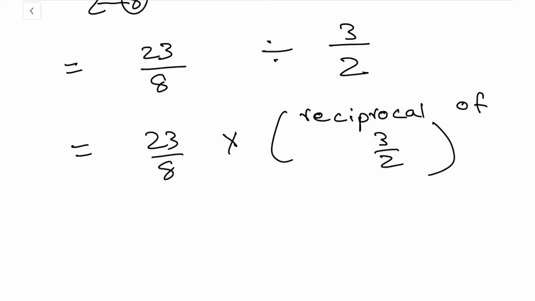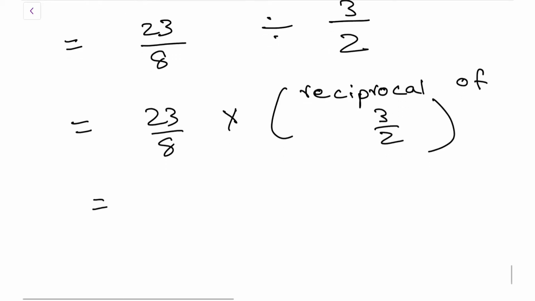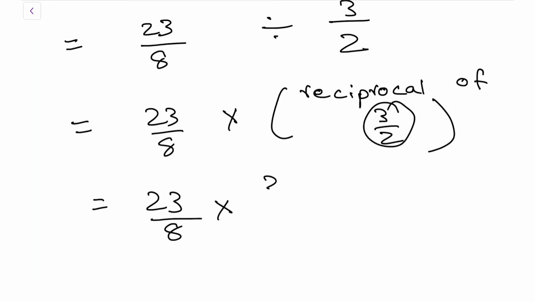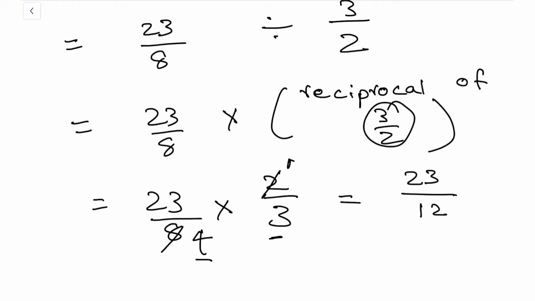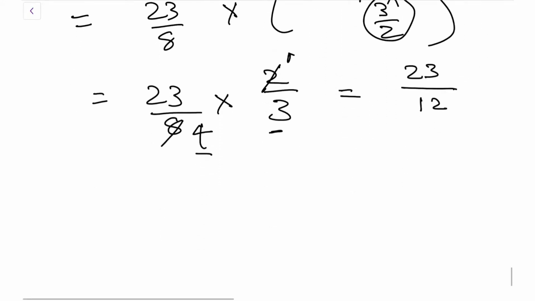That's it. 23 by 8 into, what is the reciprocal of 3 by 2? 2 by 3. Right. Are there any common factors? 2 1s are 2, 2 4s are 8. So multiply the numerators. It is 23 into 1 is 23. Multiply the denominators. 4 into 3 is 12. That is 23 divided by 12.